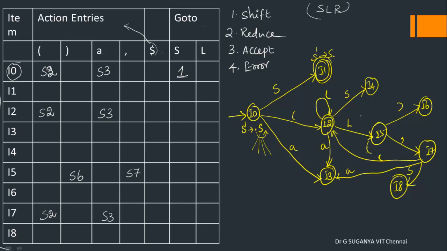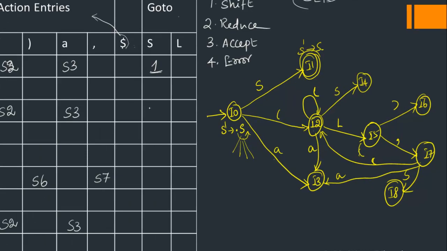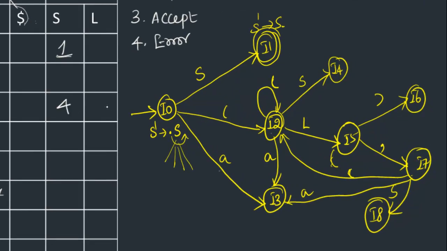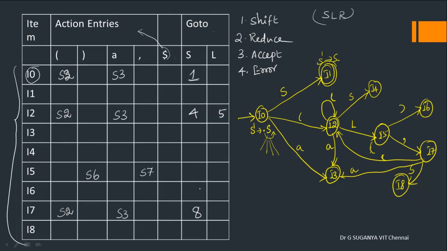From I2, we have a transition on S to state 4 and then on L to state 5. From I3, no outgoing edge. I4, no. Then from I5, there are only outgoing edges on terminal symbols, so no problem. I6 also doesn't have any. From I7 on capital S, you can move on to state 8. So that's how the go to entries need to be filled.